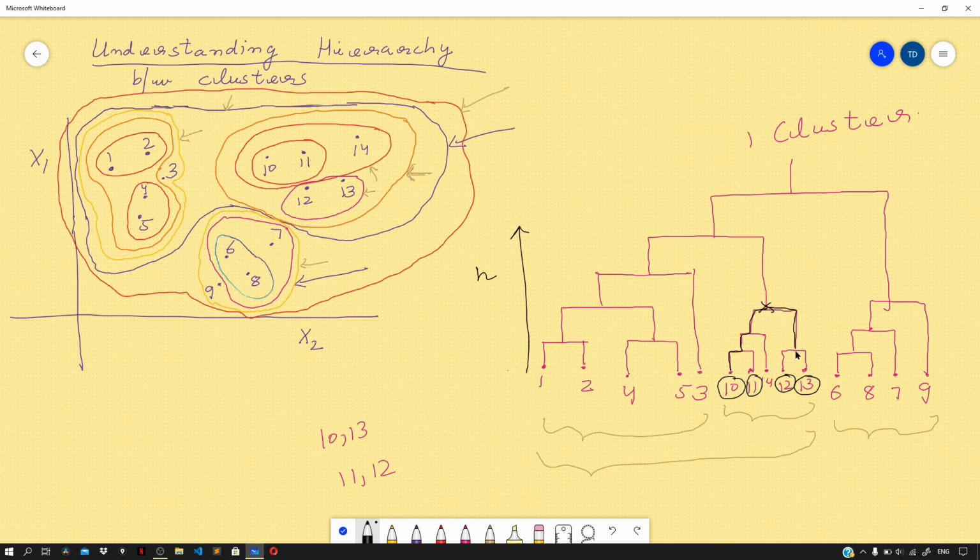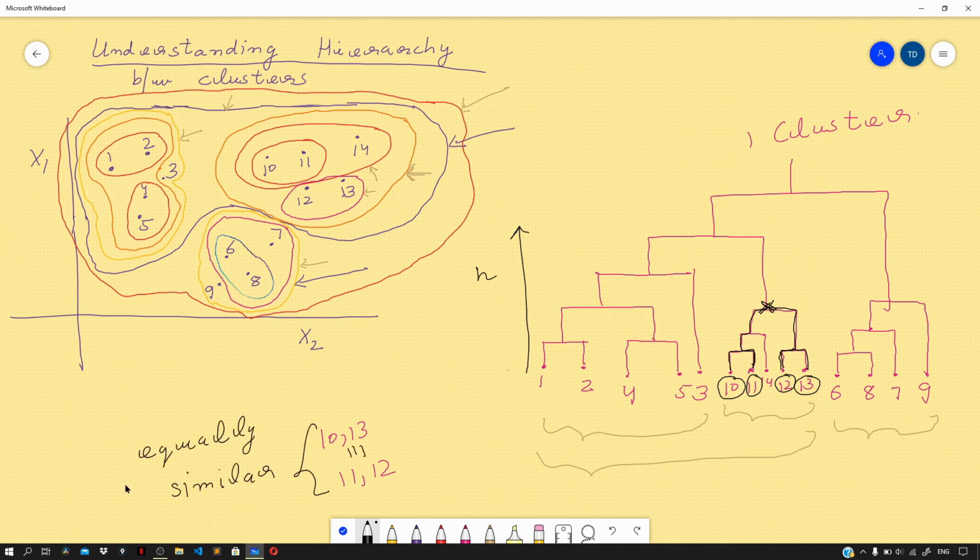And if you see for points 11 and 12, it goes right here, and the branch that is coming from point 12 also gets merged with the branch that is coming from 11 at this point, right? So you can say that points 10 and 13 are equally similar as points 11 and 12. I hope this makes complete sense.